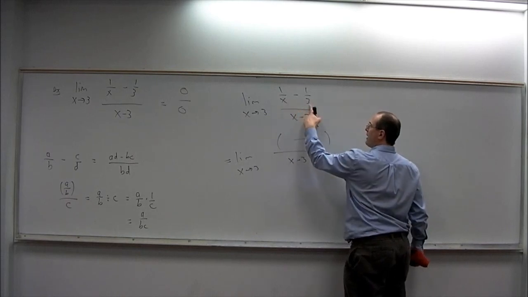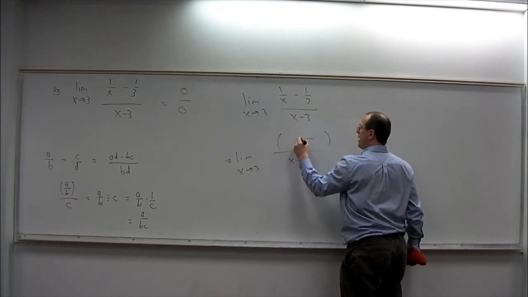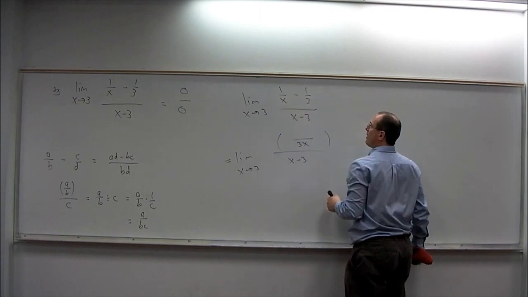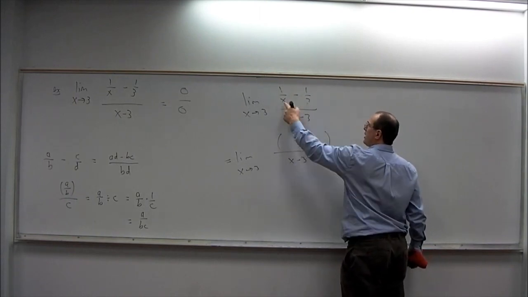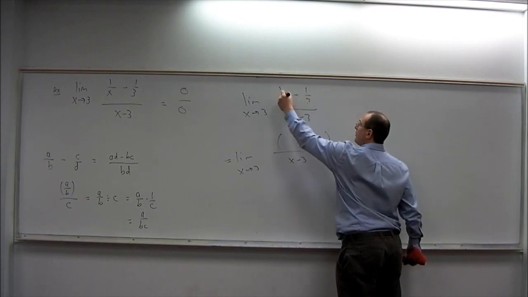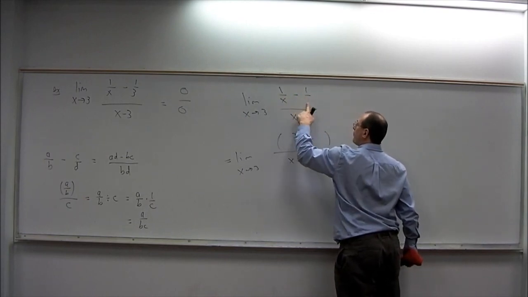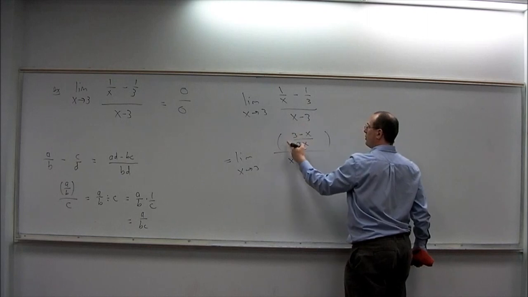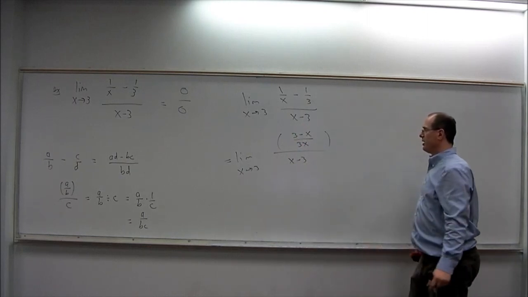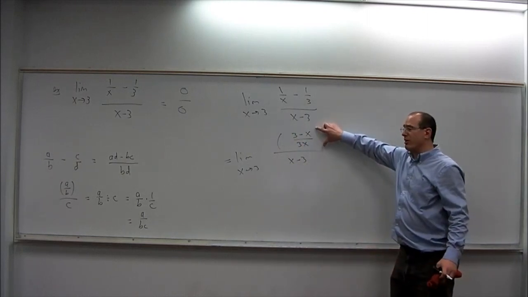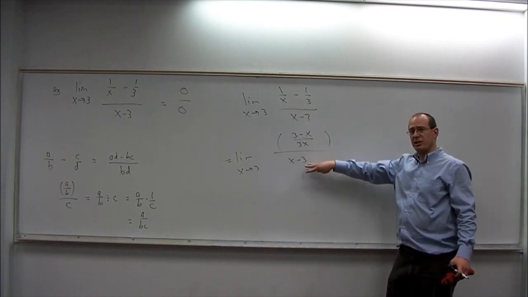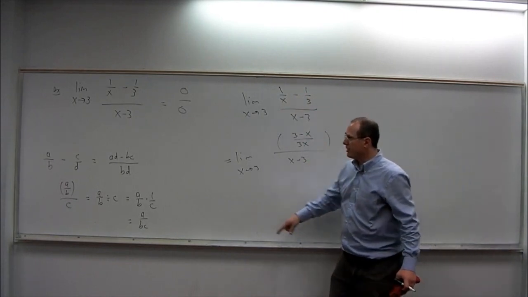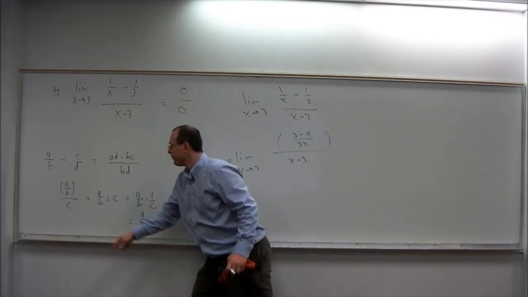The denominator of that fraction in the numerator is 3x, and the numerator of that fraction will be this times this, which is 3, minus this times this, which is x. So 3 minus x over 3x. That's our numerator fraction now after combining these two, divided by x minus 3, just leaving that alone for the moment.